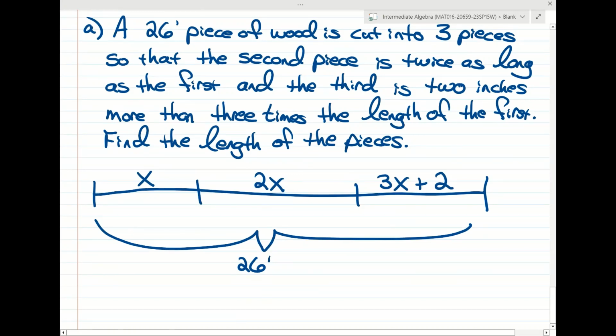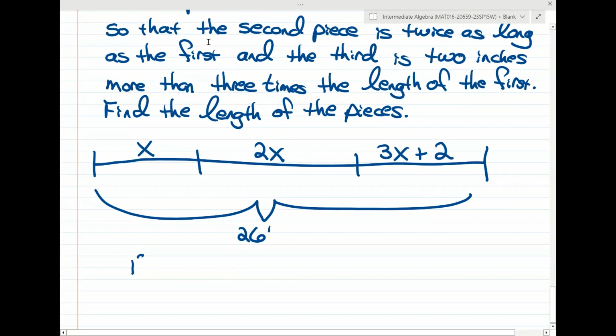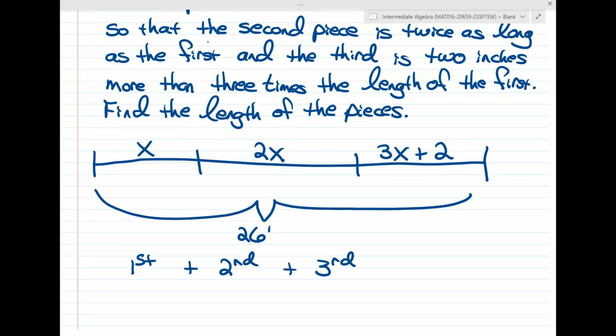We know all 3 pieces of wood add up to 26 feet. So this is a little annoying because if you're going to be adding 2 inches to one and they add up to 26 feet, we want to have all the same units. So what we can do to set this up is the first piece plus the second piece plus the third piece equals the total length.